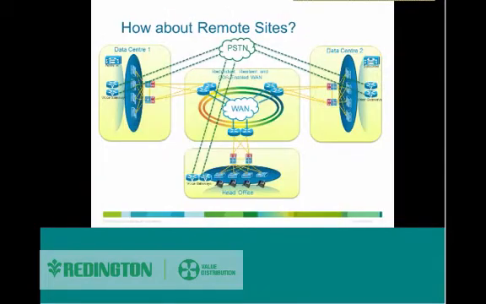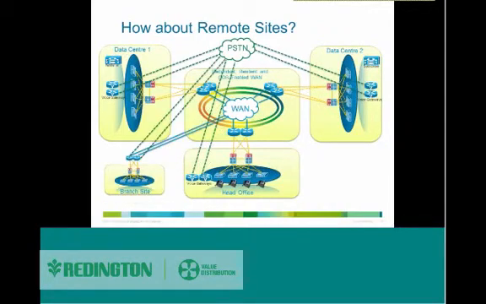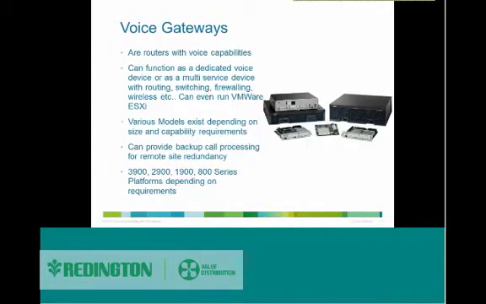Now in the existing scenario, how can we build a network with the Cisco Unified Collaboration architecture? For the remote site, when we have a branch office, those branch offices will be connected over the WAN, and the sites can also be connected through WAN. The major role is played by the voice gateways, which are the normal routers that come with voice capability.